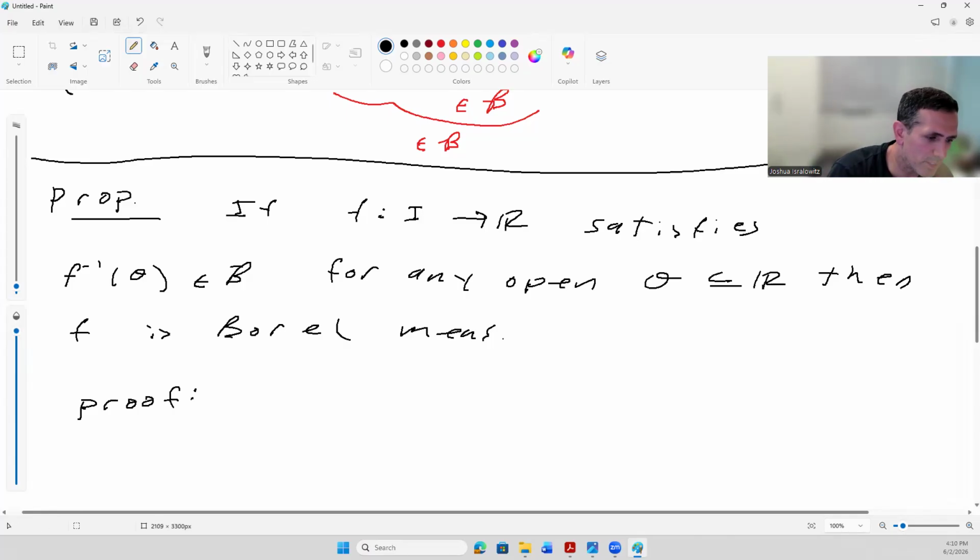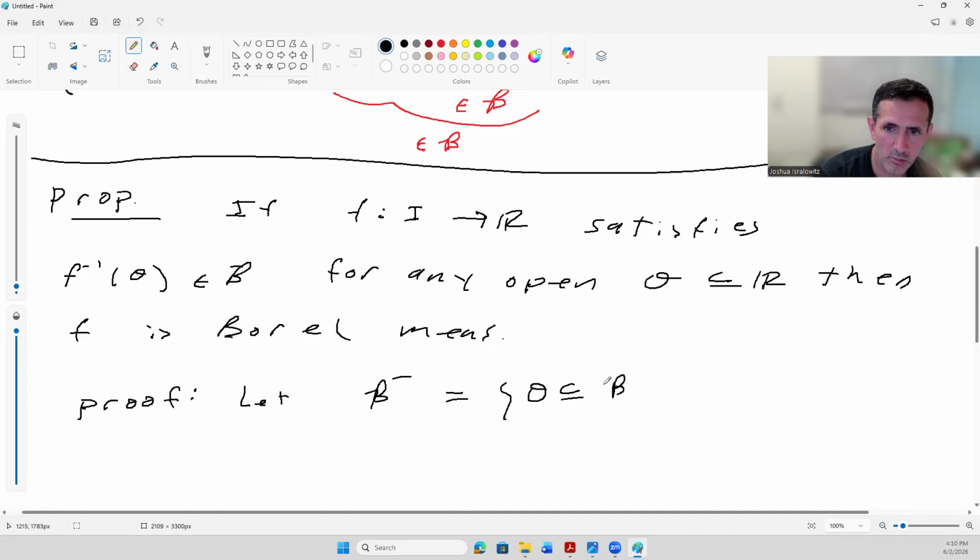So it's not very interesting. For this absolutely standard argument, I won't go through all that detail. Basically, convenience, a sigma algebra containing open sets, using the definition of Borel sets, and done. Let's say B prime is the set of all theta in the real line where the inverse image of theta is Borel.